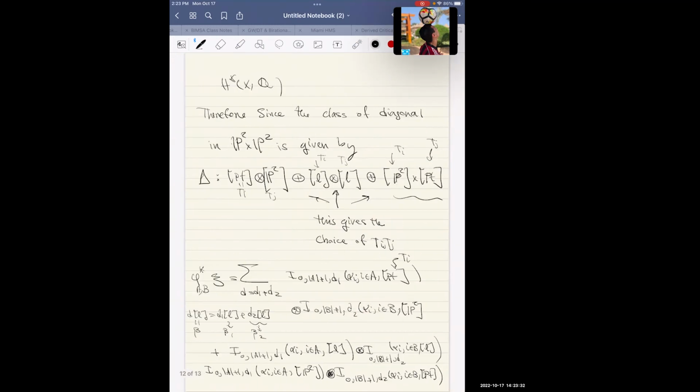Okay, so this is basically essentially this formula. All I'm just saying is that look at this formula in here.